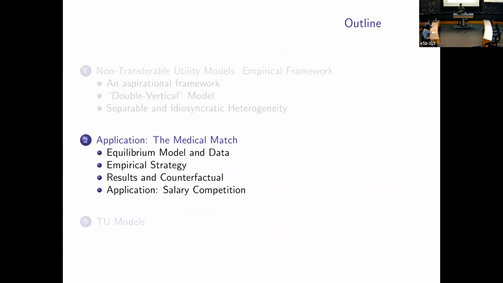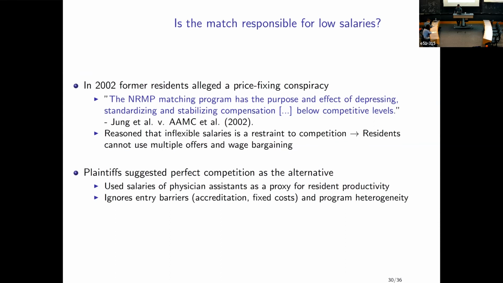Here is some formalization of what happened, the history of it. A group of residents in 2002 alleged a price fixing conspiracy, in which they said that the NRMP matching program has the purpose and effect of depressing, standardizing, and stabilizing compensation below competitive levels, because of inflexible salaries and a restraint on competition.